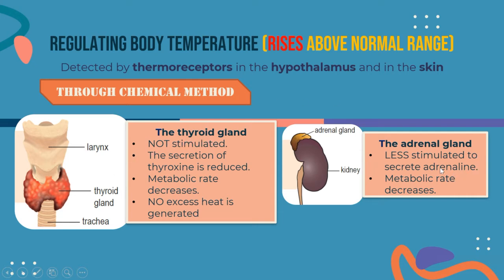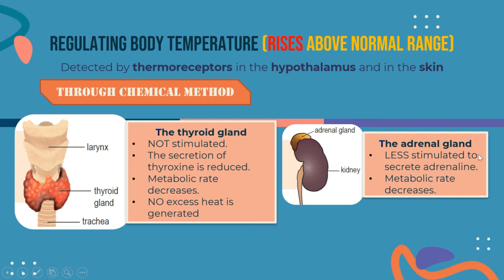Another one involves the adrenal gland. Here is the adrenal gland. The adrenal gland is less stimulated, and the secretion of adrenaline is reduced.